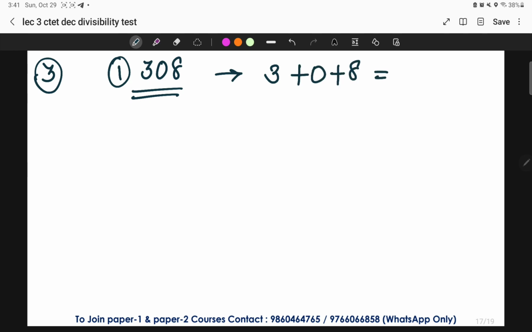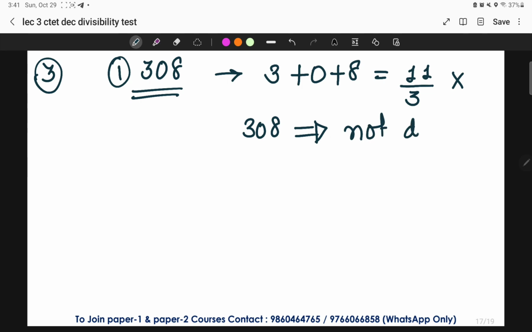The summation comes to 11. Now divide the summation by 3. 11 is not divisible by 3, so I can say that 308 is also not divisible by 3.